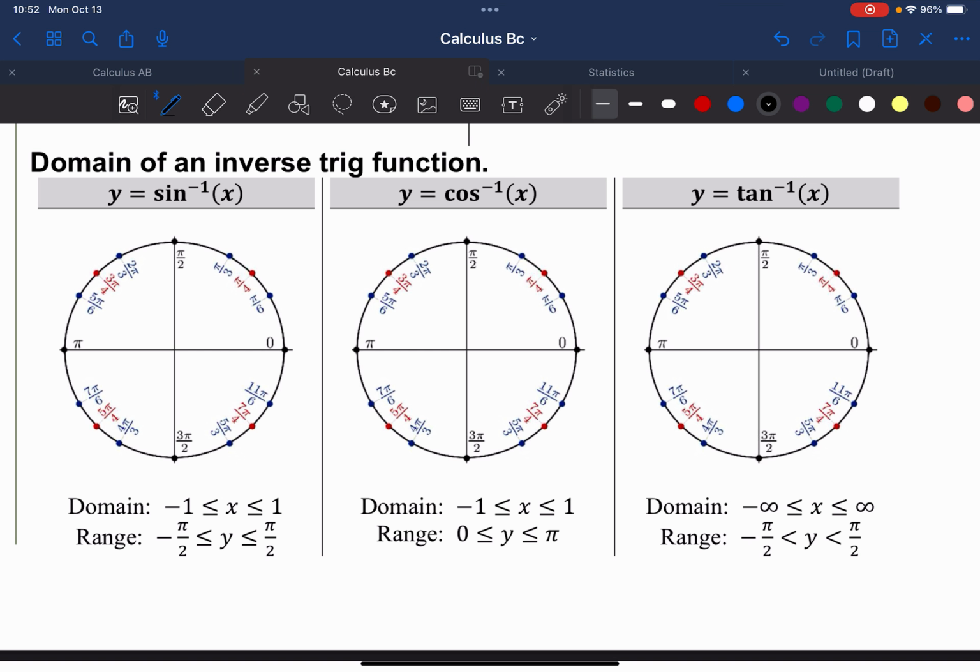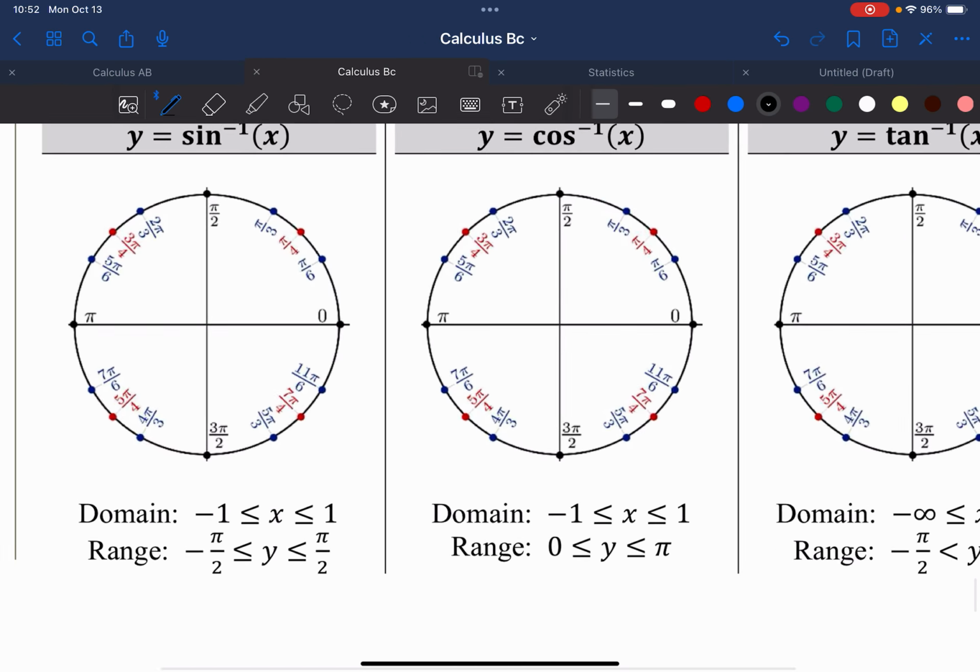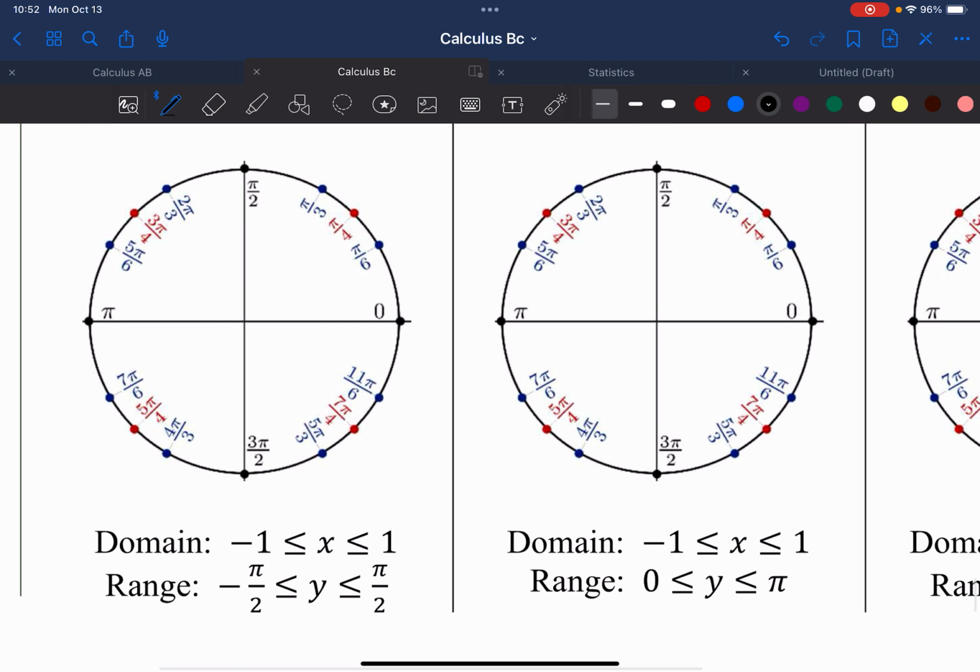So for here, the inverse of sine, the domain is -1 to 1, and the range is -π/2 to π/2. To make it easy on yourself, you can recall that these values here on the unit circle can be translated to the following.